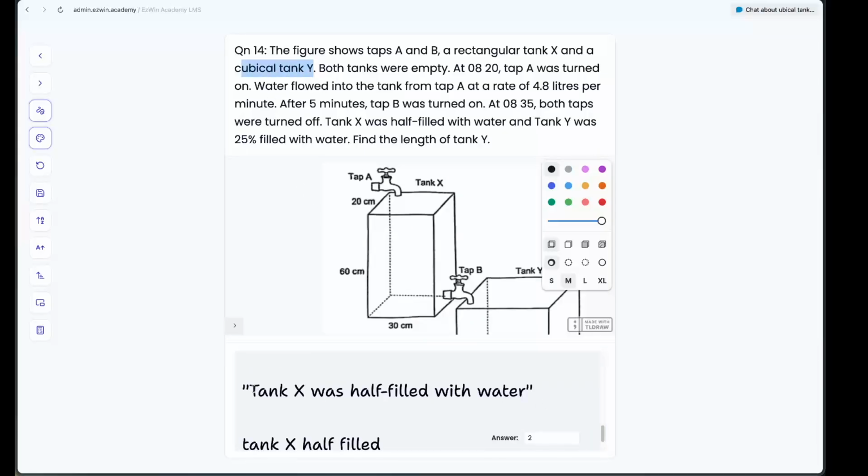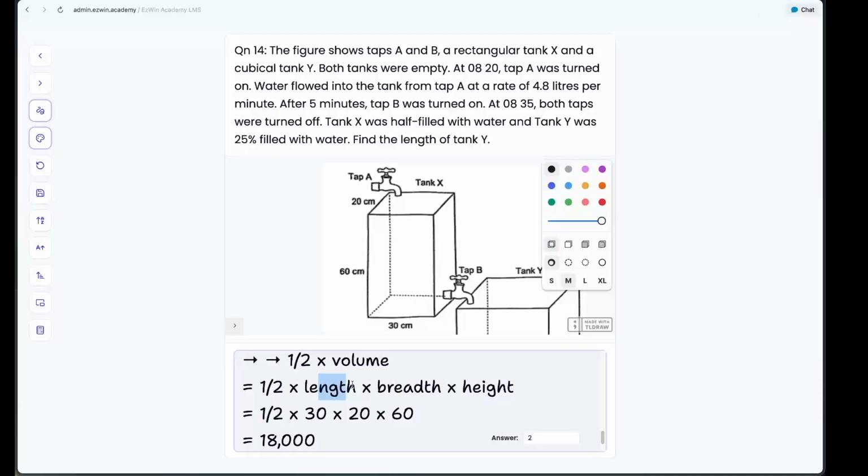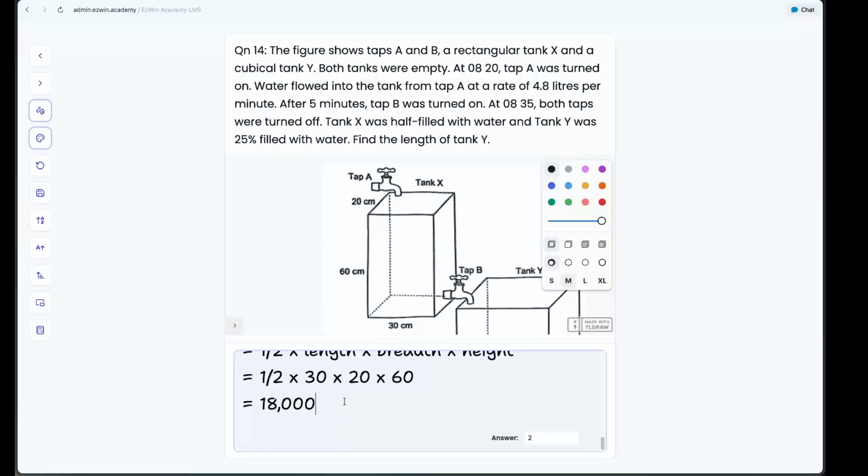So first we need to find how much is tank X volume of water. Tank X half filled is half the volume, which is half times length 30, breadth 20, and height 60, and this will give us 18,000 centimeter cube, or 18 liters.